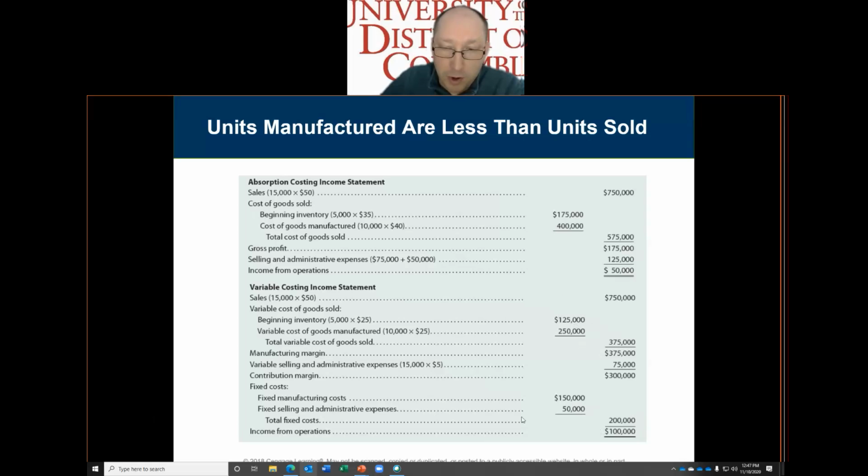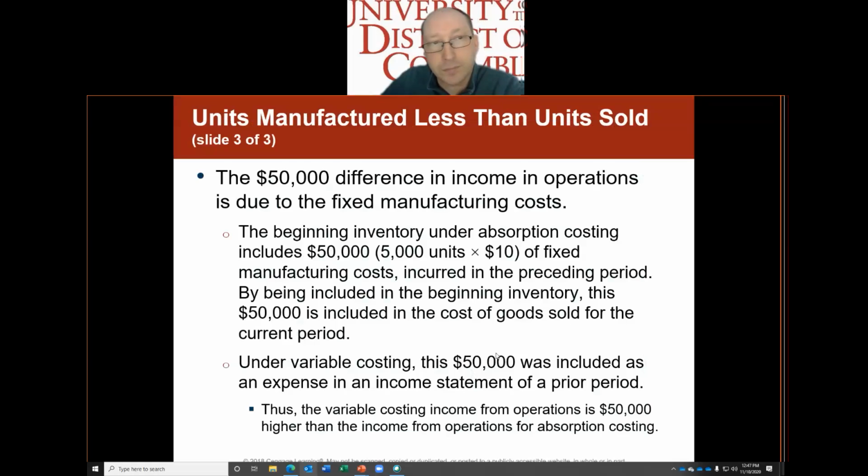So every time we break out that additional cost, and it's not attributed in the manufacturing process, we have a difference when it comes to our expenses. So the $50,000 difference in income from operations is due to the fixed manufacturing costs. Beginning inventory, absorption cost, and the 50,000 came from 5,000 units times $10 of fixed manufacturing costs incurred by the period.